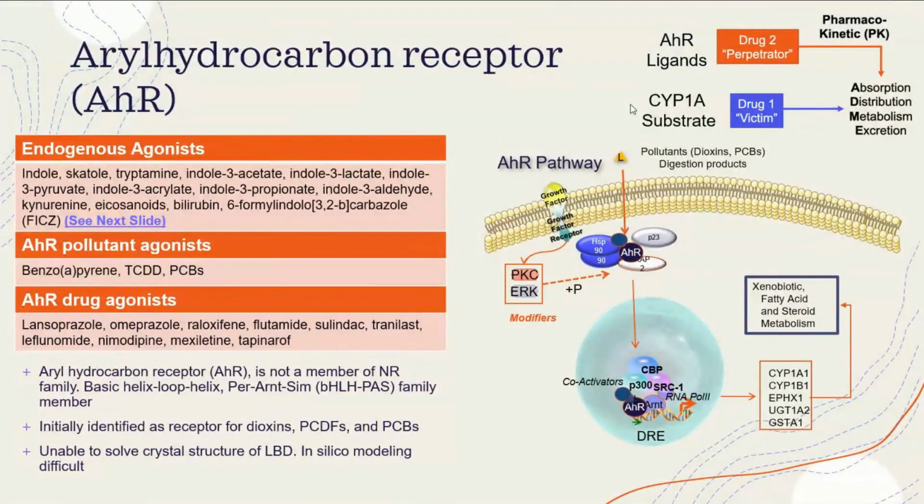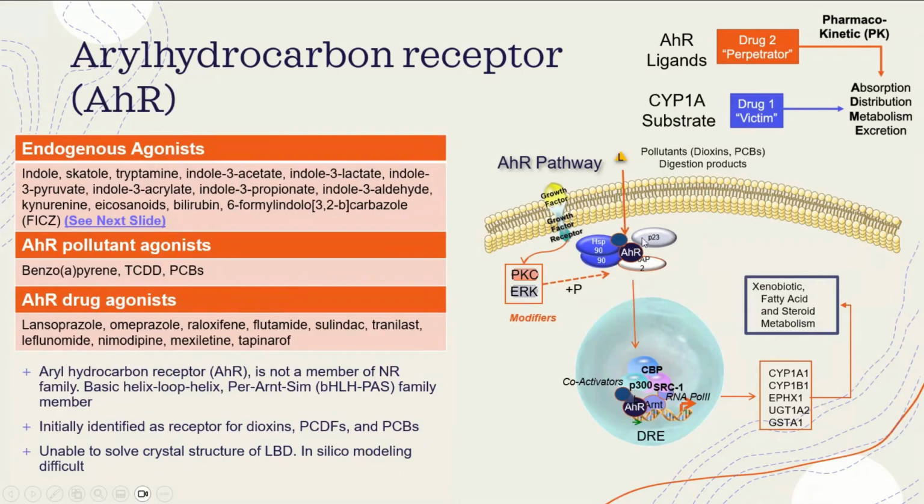The last receptor that we'll talk about as an example is the aryl hydrocarbon receptor, or AHR. And this was a receptor that was first examined as being a ligand target for a variety of different pollutants, such as benzoate, dioxin, PCBs, polychlorinated furans, a variety of, again, pollutants that are present.